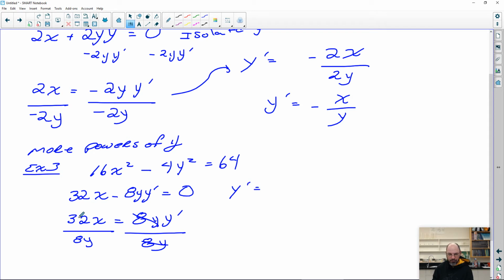Okay, so we have 32x over 8y. We can reduce. 32 divided by 8 is 3, so that's going to be 3x over y.